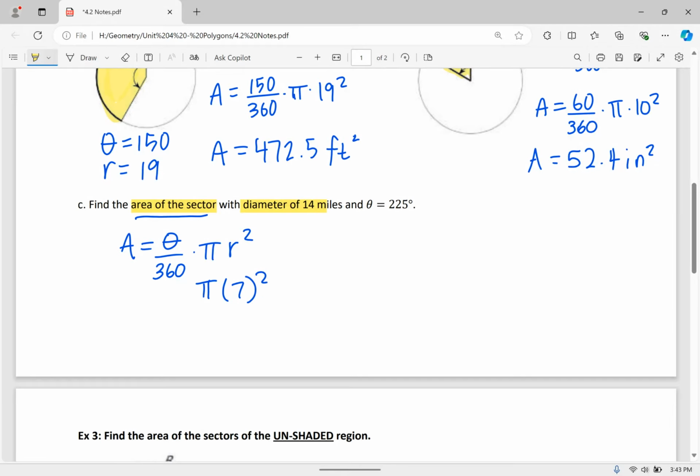And it gives me the angle measure, which is 225. If I type that whole thing into my calculator, 225 divided by 360 times pi times 7 squared, you will get 96.2. The label they're using is miles.